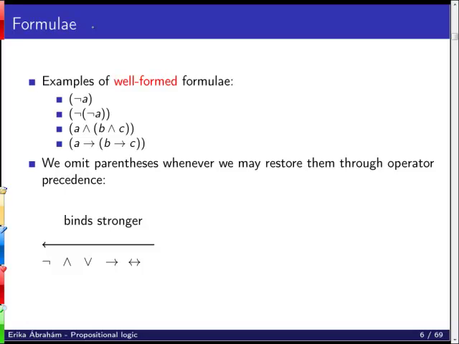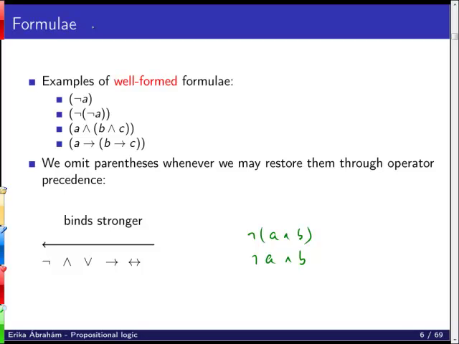Just an example with parentheses, and if I remove them, then it gets a different meaning. Okay. This is an extreme example because if I remove the parentheses, then the not is applied to quite different operators.